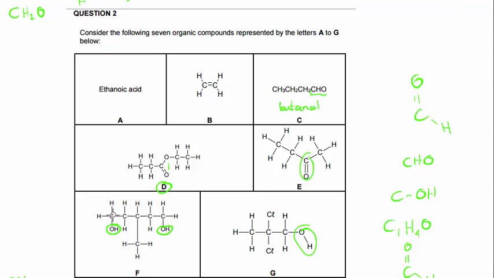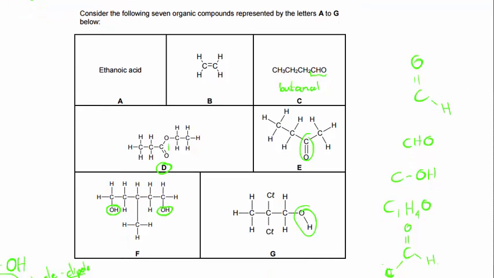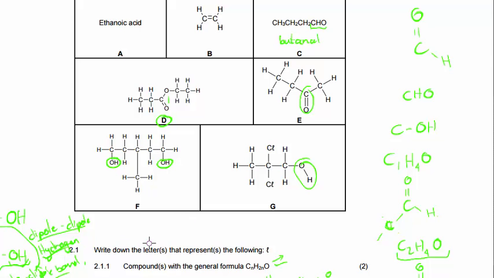F would be finding the longest chain, 1, 2, 3, 4, 5. That would be pent. What should the N be?